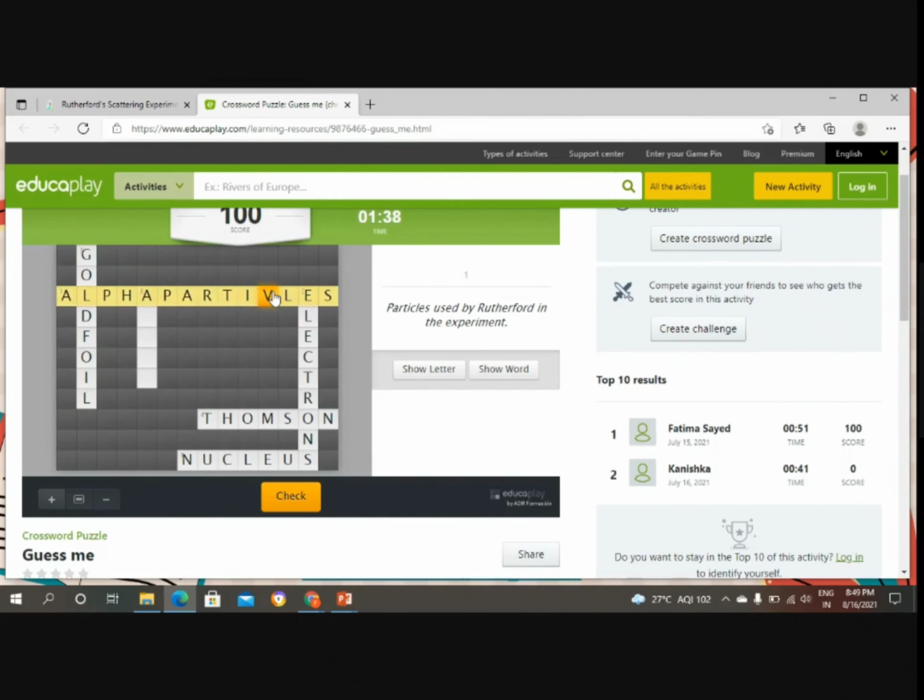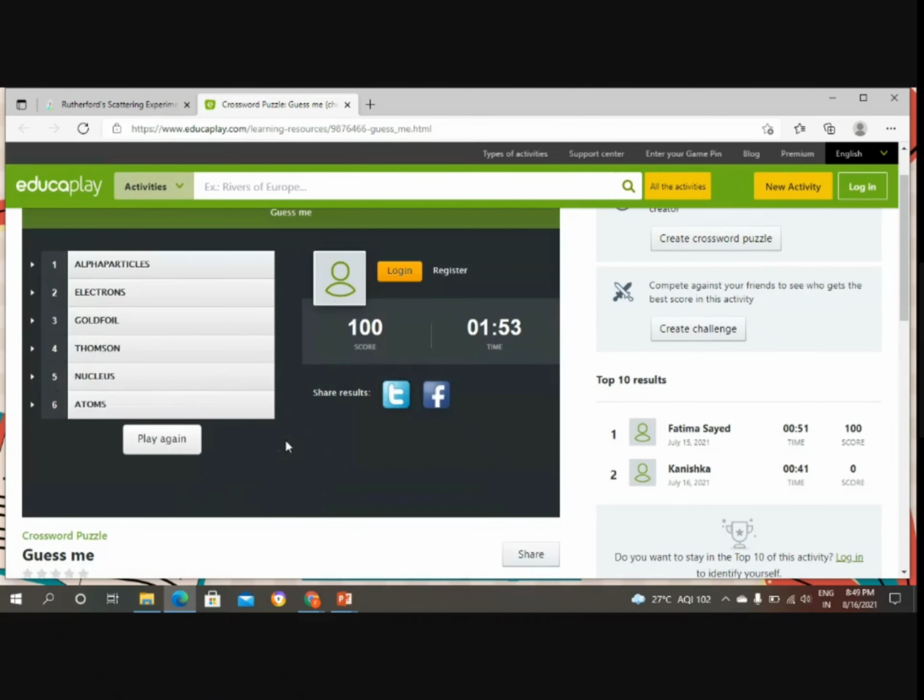What about the last one? Elements are made up of me. We all know elements are made up of atoms. Correct? Atoms. So let's check our answers.